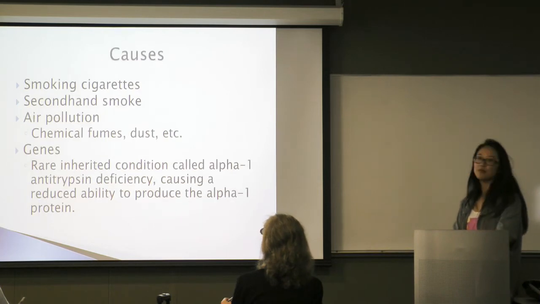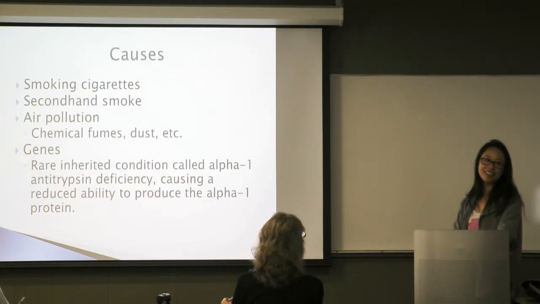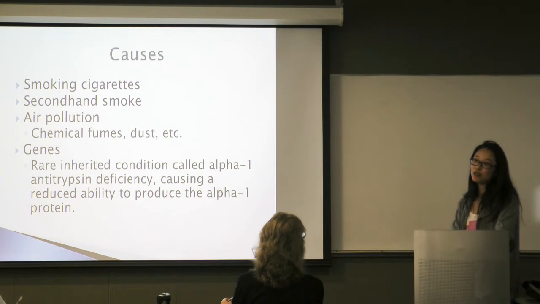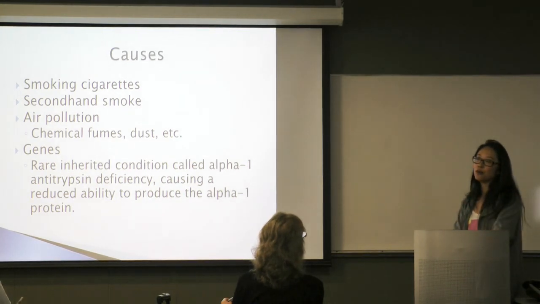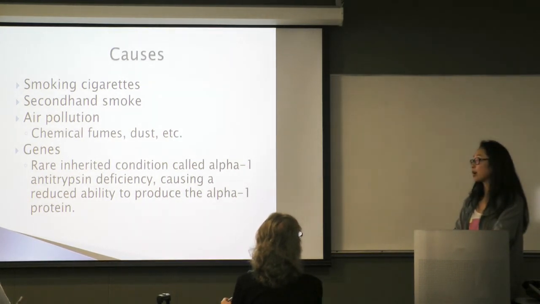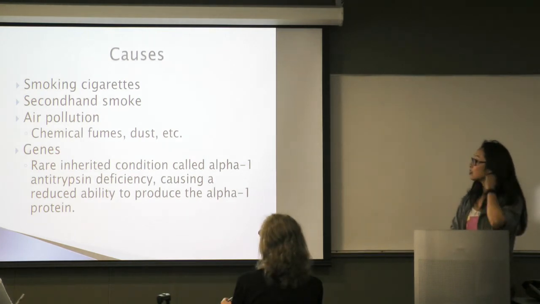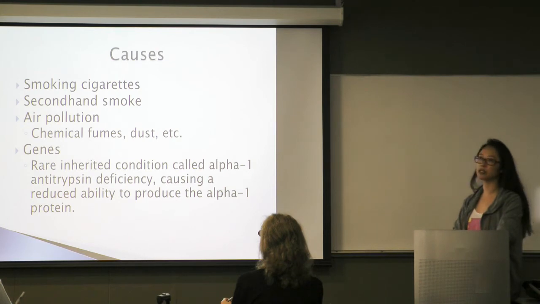Causes. Number one, hands down, smoking cigarettes. No matter who I asked, wherever I read. So if they're a current smoker, first thing is to get them to stop smoking. Also secondhand smoke, air pollution, so chemical fumes, dust, even coal workers, coal miners, you'll see that they have it too.